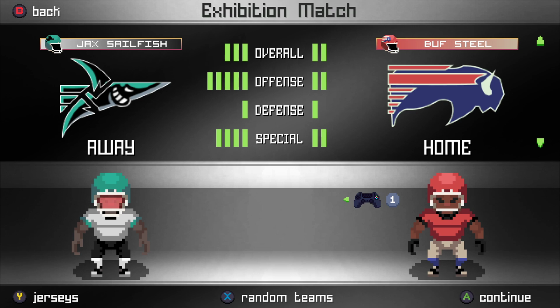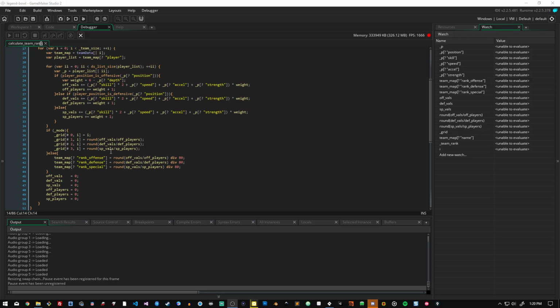I'm also taking into account the entire team and not just the starting players, right? So you may have a very weak bench and a great starter, but your rankings are bad because your overall team drags you down. So I actually put a weight in here.